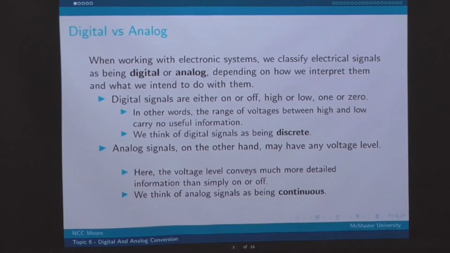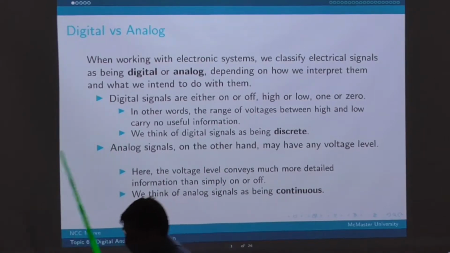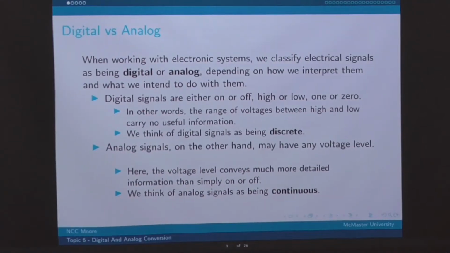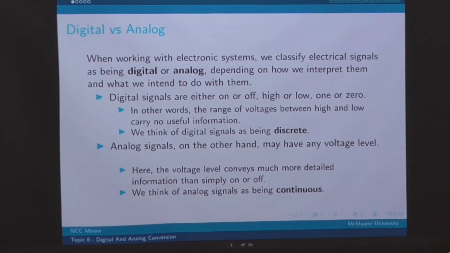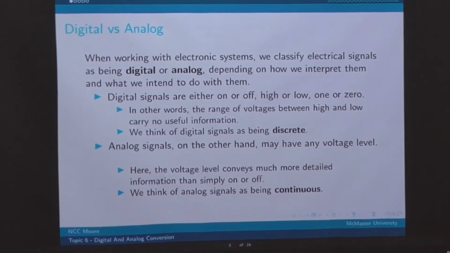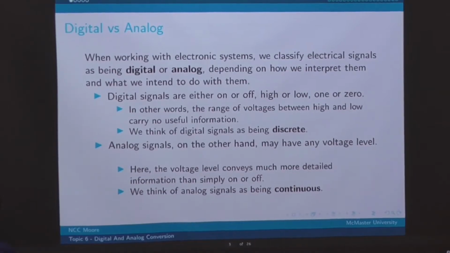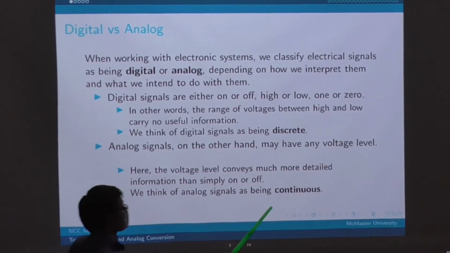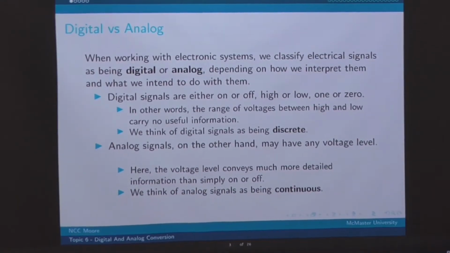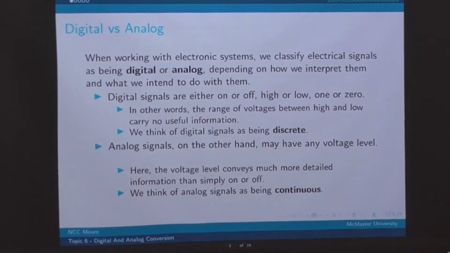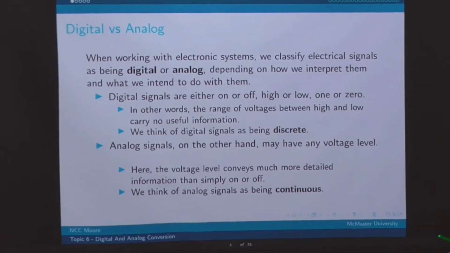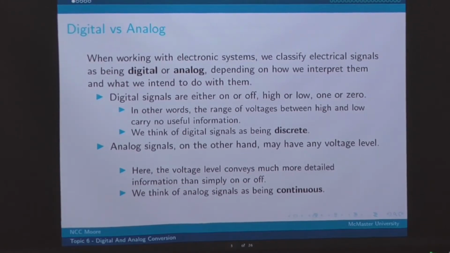There's no other information which is pertinent to the circuitry. Analog signals, on the other hand, you can think of as electronic signals that are always carrying information, because the actual voltage level itself is what you're interested in, right? We'll get into some examples.